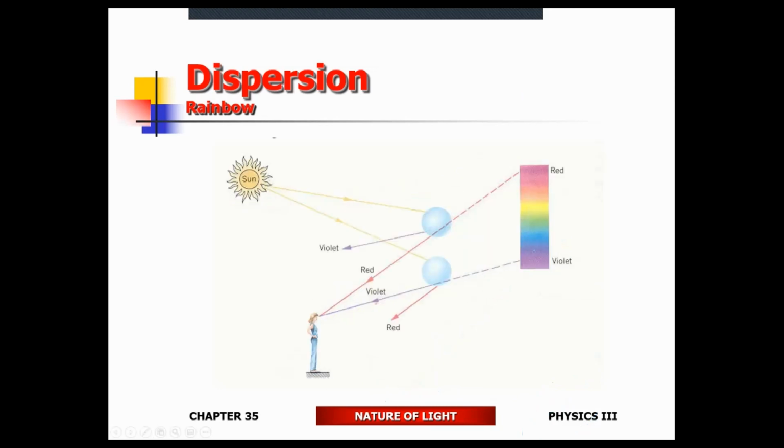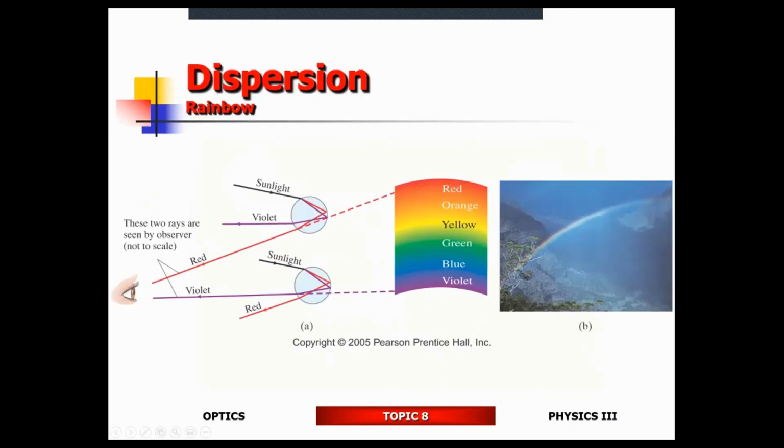You end up getting a color separation depending upon the refraction phenomenon that takes place. So every single rainbow is going to look the same, and you will see the same color separation in every single one of them.